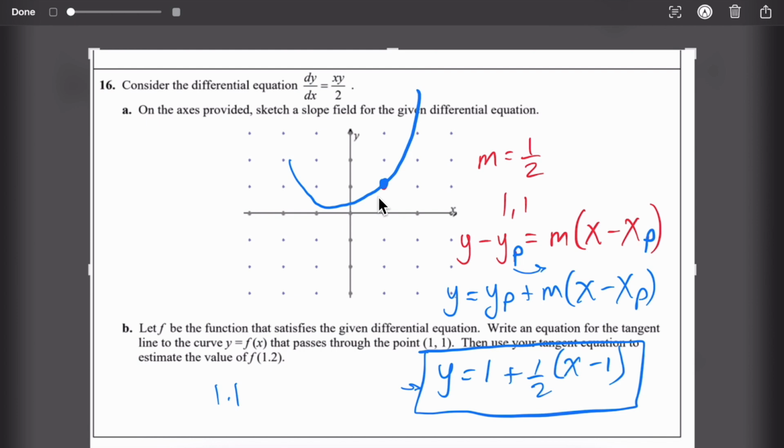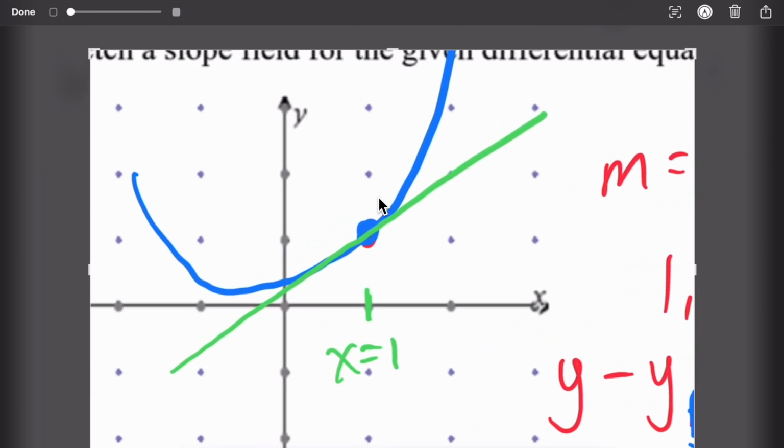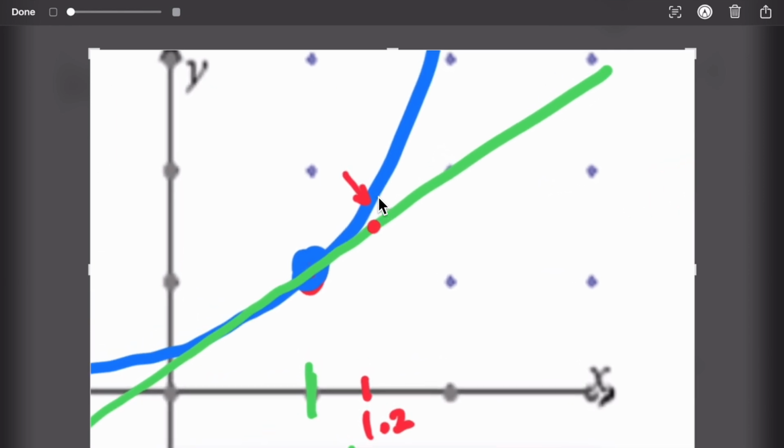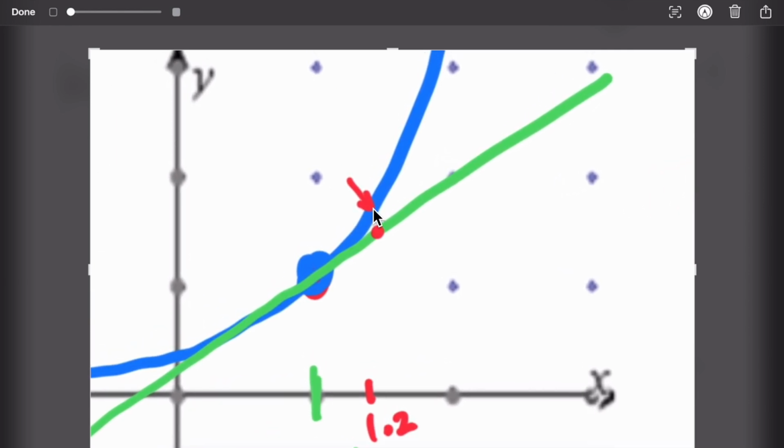What they're saying is that this tangent line right there, that's at x equals 1, is close enough so that if we go to x equals 1.2 right there, if you get the y value on that tangent line, that y value is close enough to the y value you would get if you were actually on the curve.